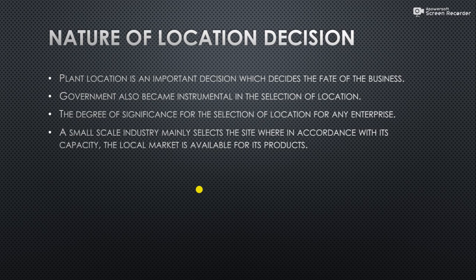A small scale industry mainly selects the site in accordance with its capacity and the local market available for its product, so a small industry can easily be moved to another place. But large industries require a huge amount of investment, so there are many considerations other than local demand for the selection of a proper plant.